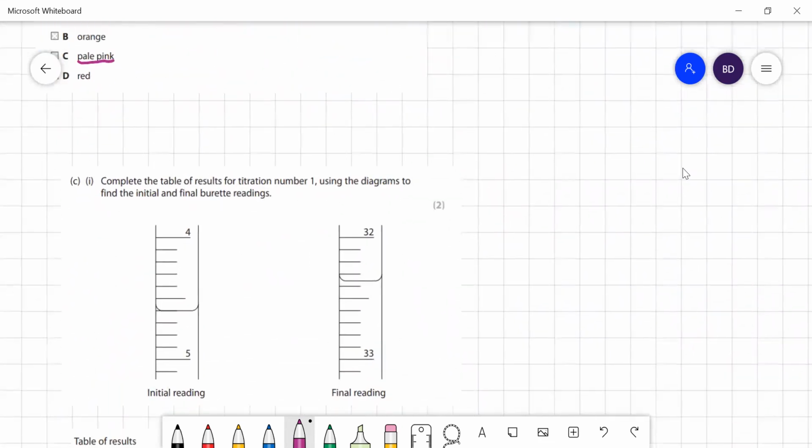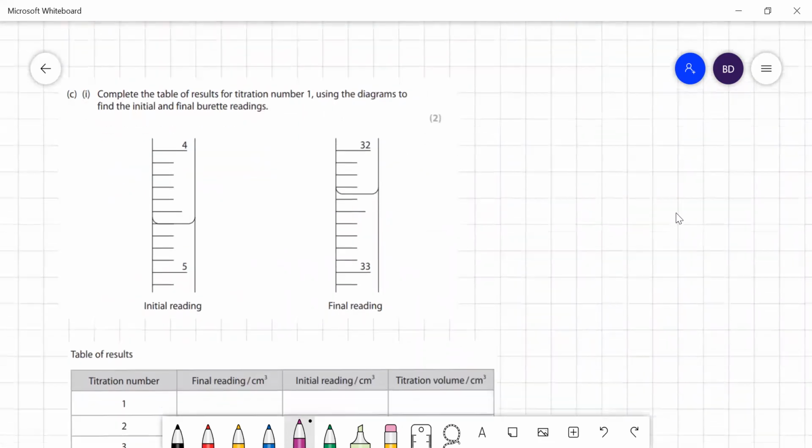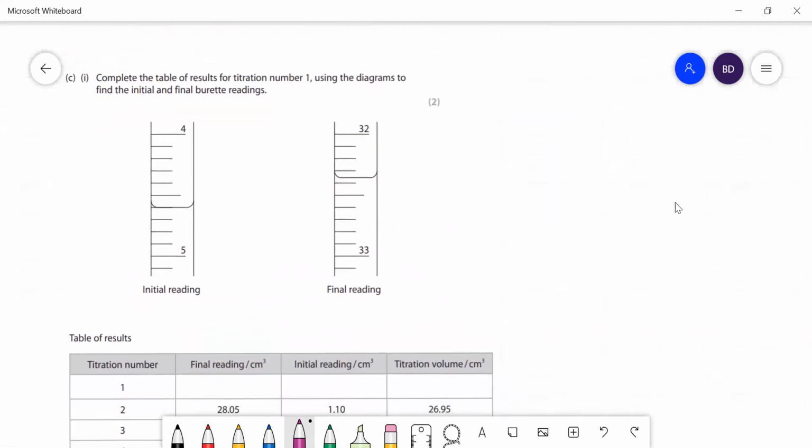Complete the table of results for titration 1 using the diagrams to find the initial and final burette readings. This one here is 4.5, so that's going to be 4.6, and it's exactly on the line. We call it 4.60. So the initial reading is 4.60.